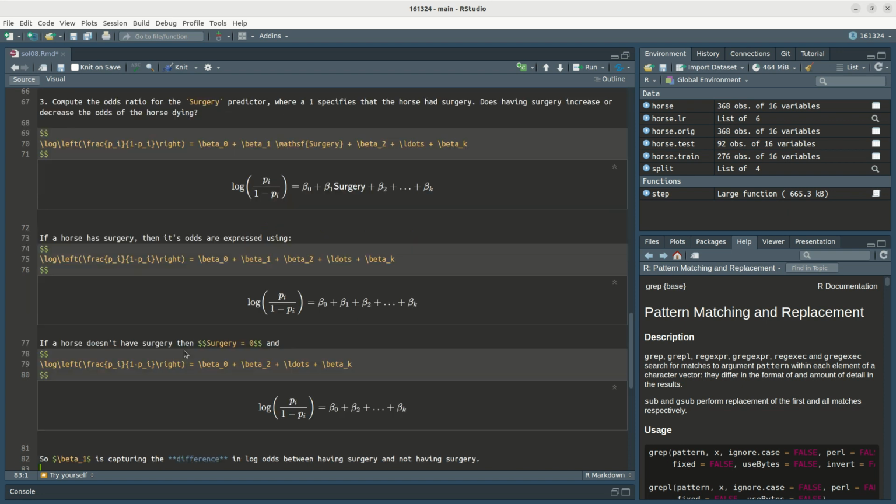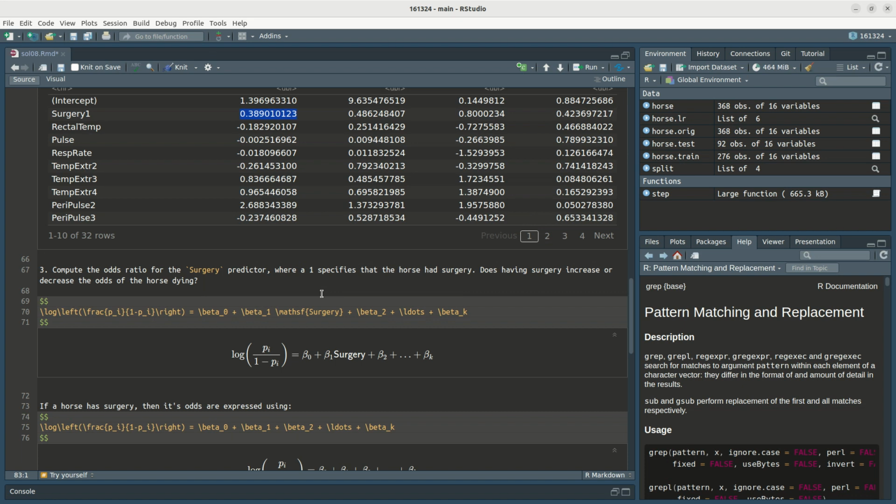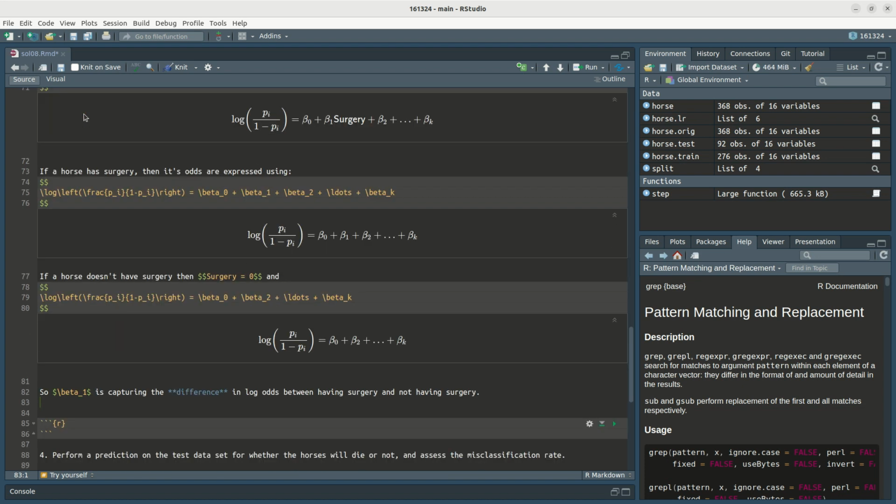So the effect, we could have a look at what it is, right? It's 0.389. So that's telling us that the log odds of death increases by 0.389 when the horse has had surgery, compared to if the horse didn't have surgery, right? So the surgery effect increases the log odds of death by 0.389.